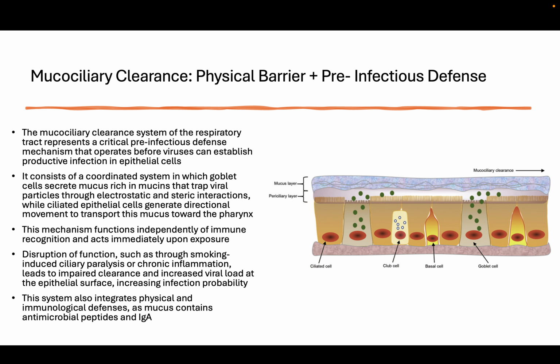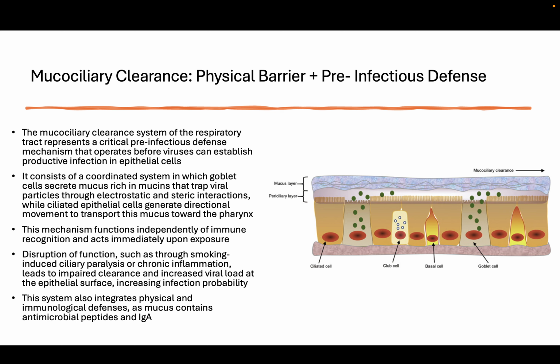Another thing that we also know is extremely important is the mucus layer, because respiratory viruses love to go to our epithelia. Within our epithelia, we have this mucus layer, and this mucus layer really stops viruses from going in. It's a very thick substance that does not allow viruses to penetrate.